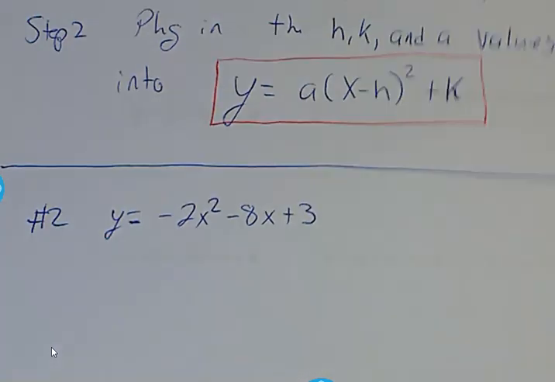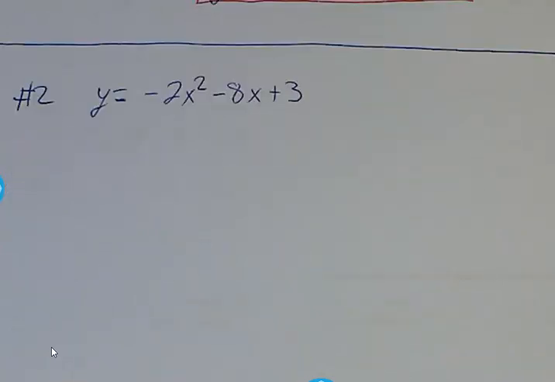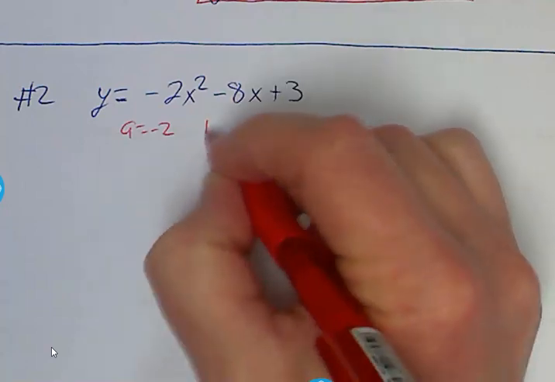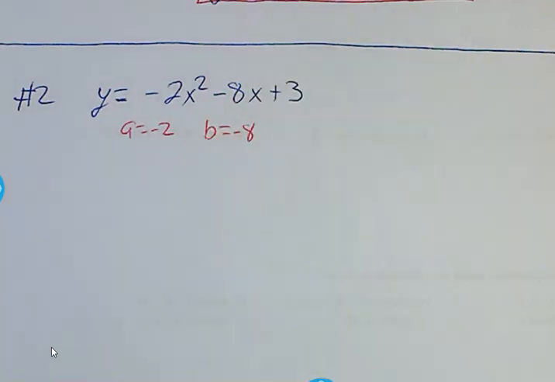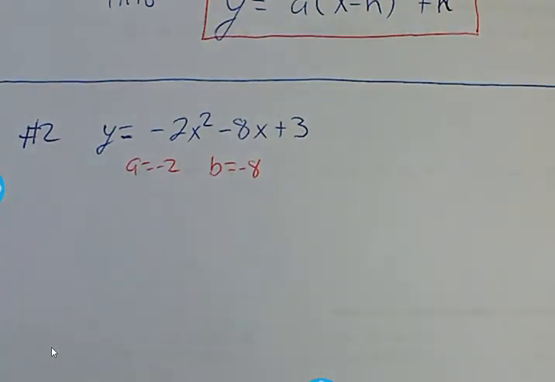Okay, and again, the only thing we really need on this one is the negative b over 2a so we can get the h value. So for this one, our a is negative 2 and our b is negative 8. And if we're just going to write it in vertex form, we don't even need anything else. We just need those two pieces there.